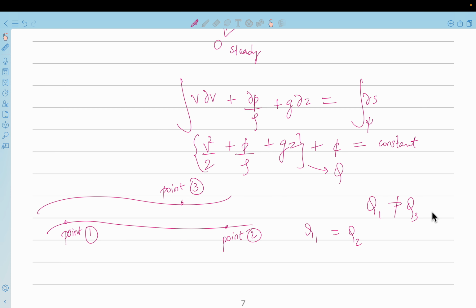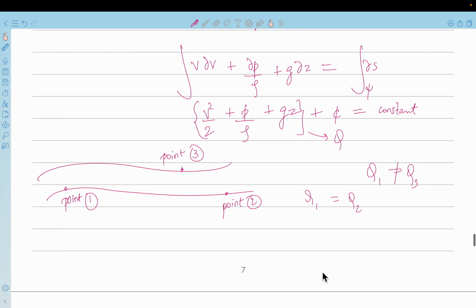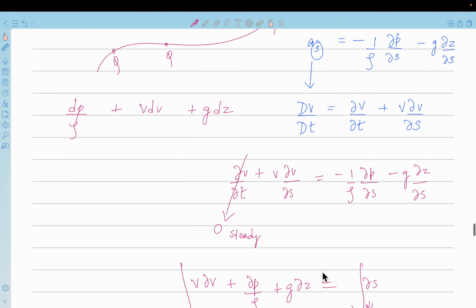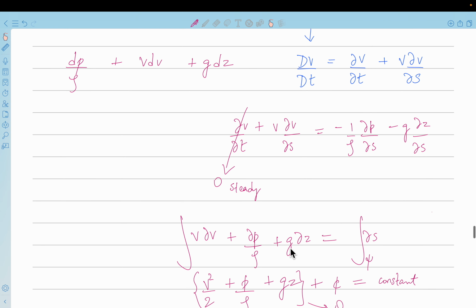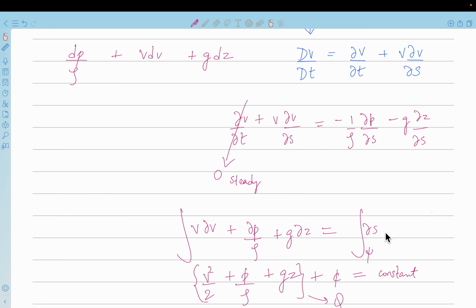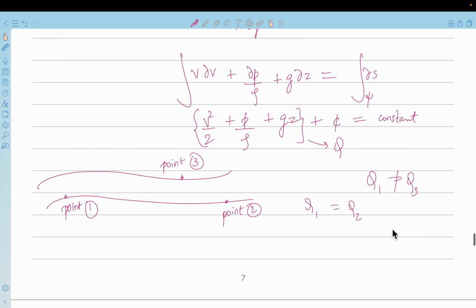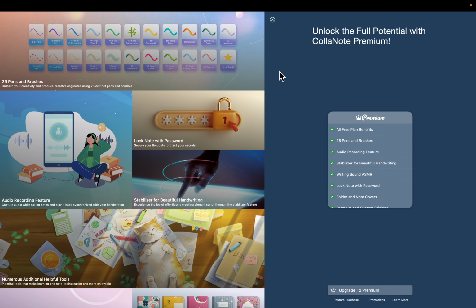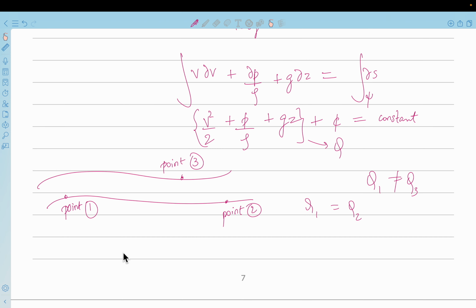So when we have curl of v equal to 0, then you can in fact show that in this equation there is no ∂s, like there is no change from one streamline to another streamline. There are streamlines, there are potential lines, but in an irrotational flow, I can also compare between point 1 and point 3. If we have time left at the end, we'll probably try and derive this.